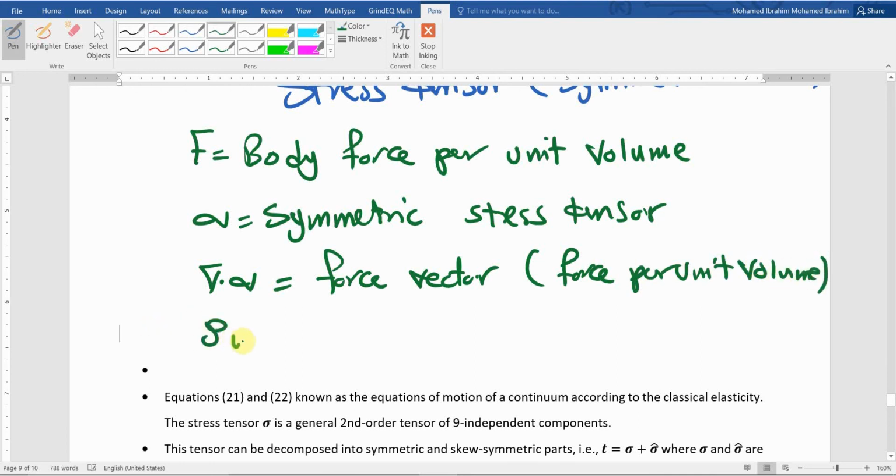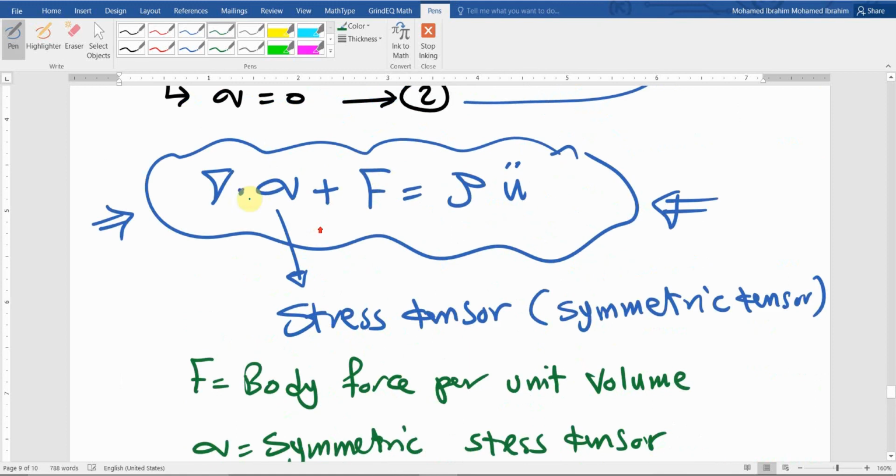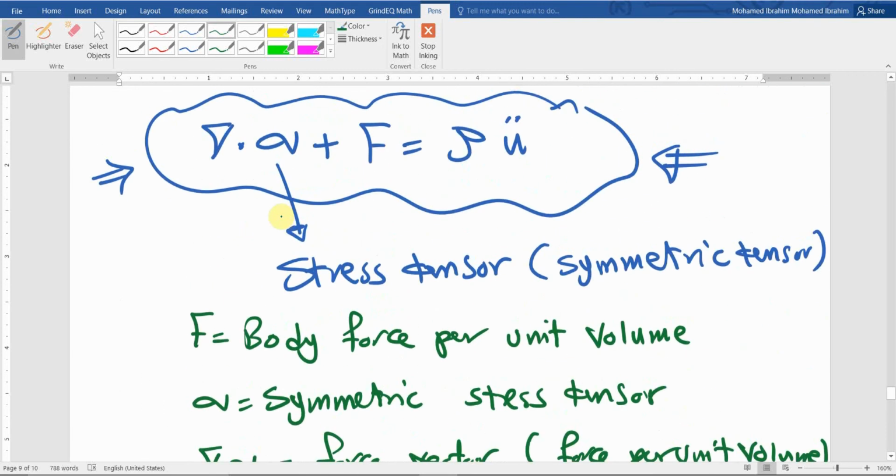The rho U double dot is the inertia force of the continuum per unit volume as well. So all of these quantities in this equation are forces per unit volume. Make sense? This sigma is a tensor, F is a vector, U is a vector, and nabla dot sigma gives a vector as well.